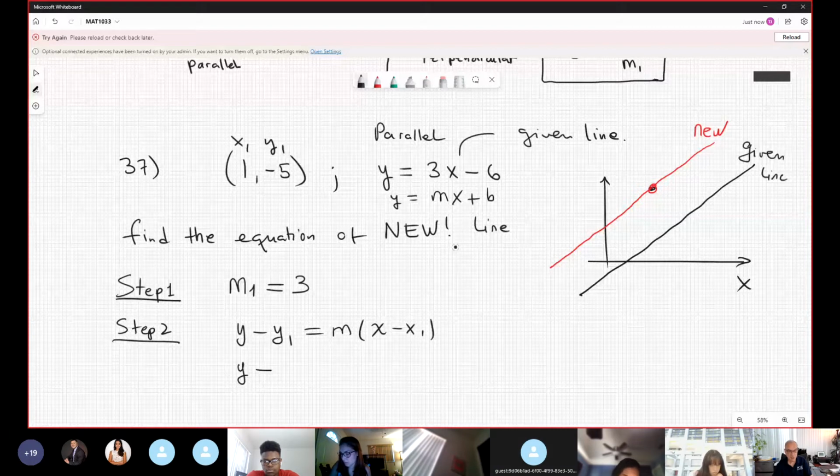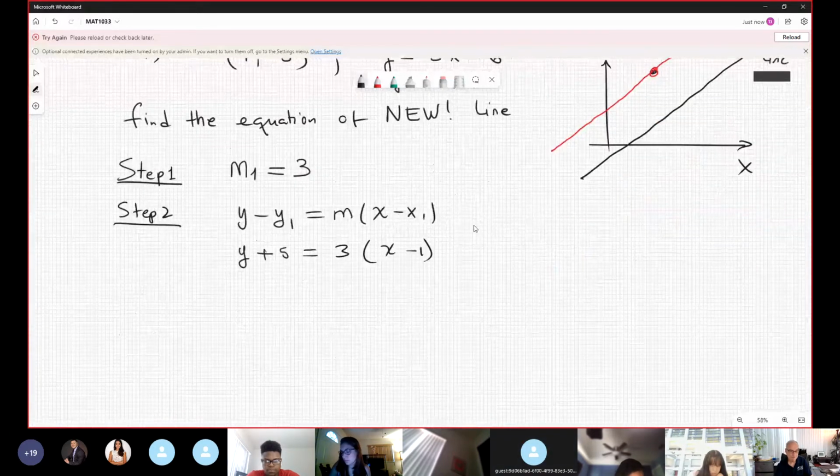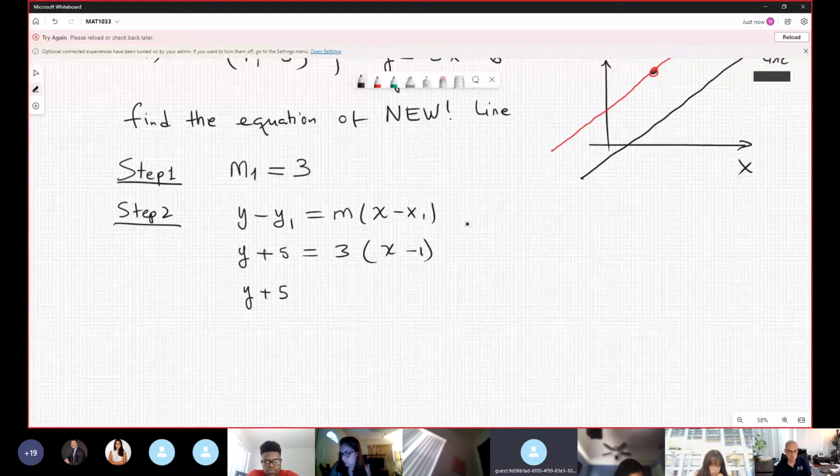Again, the negative of the formula and the negative of the value become positive. 3 parentheses, x minus 1. Now distributing: 3x minus 3. So y equals 3x minus 5... oh, minus 5, so -8.